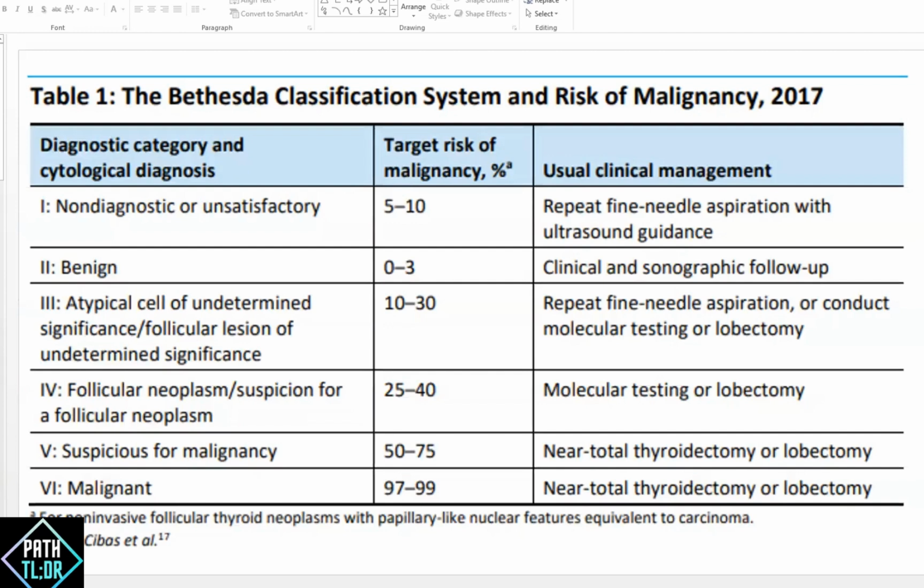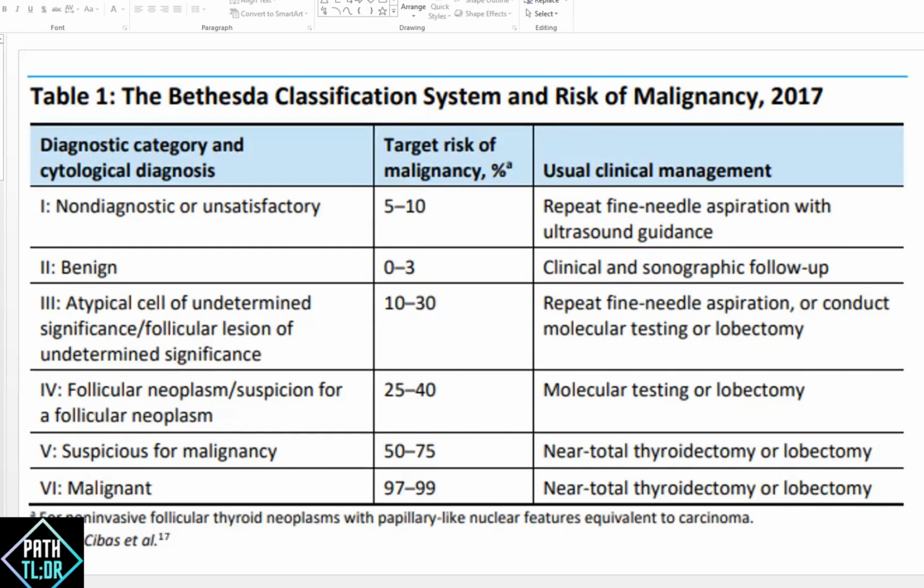That said, we'll just do a little bit of summary. I just want to start off with this table. One of the important things about grossing, especially for thyroids, is looking at previous biopsy, specifically any FNA that was done. There are specific diagnostic criteria associated with an FNA and an associated risk of malignancy.